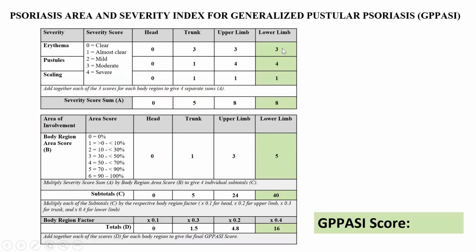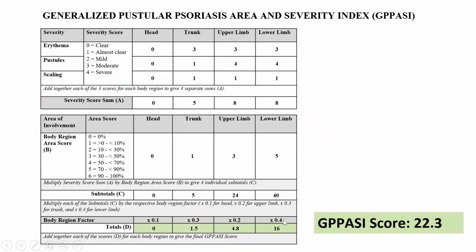So for the lower limbs, I would score erythema as 3, pustules 4, scaling 1, total of 8. And since it's quite extensive involvement, I would rate the area 5, between 70 to 90%. So subtotal is 40. And the weighted score for lower limb is 0.4.